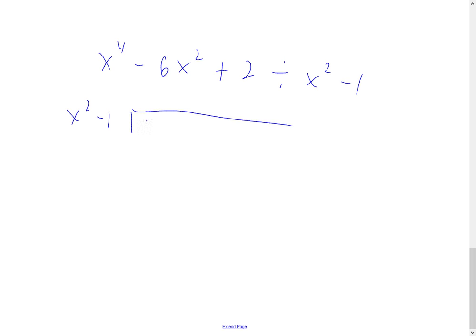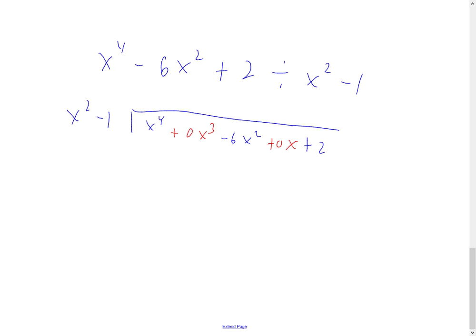You might have something like this: x to the 4th minus 6x squared plus 2 divided by x squared minus 1. So you say to yourself, I need these descending powers. So I'm going to go x to the 4th plus 0x cubed minus 6x squared from the original plus 0x, right, because there's no x term, plus 2. Because you say I need my descending powers.